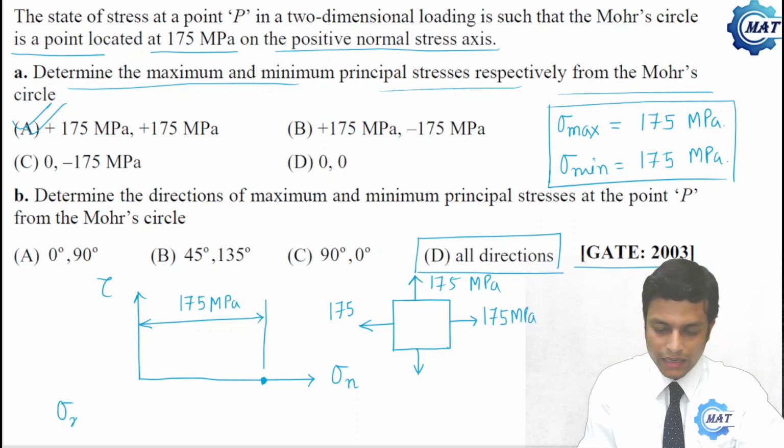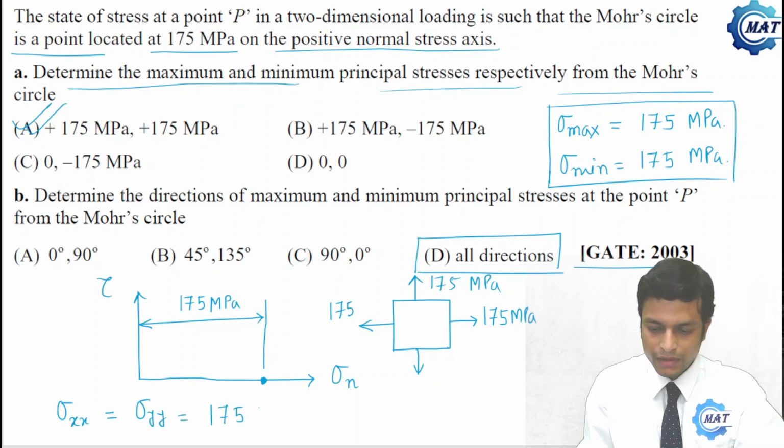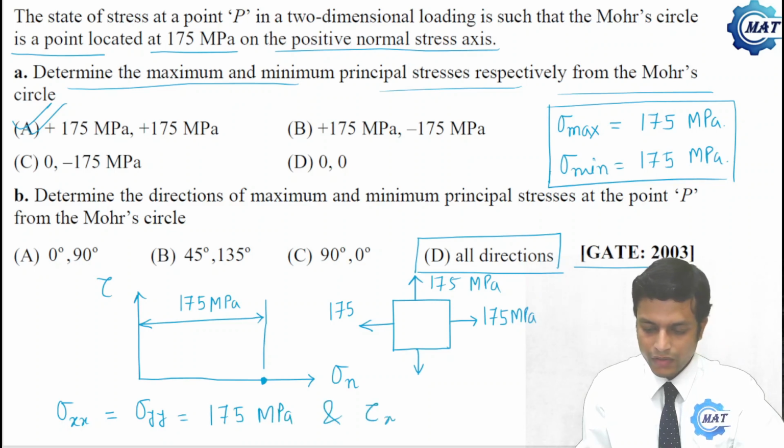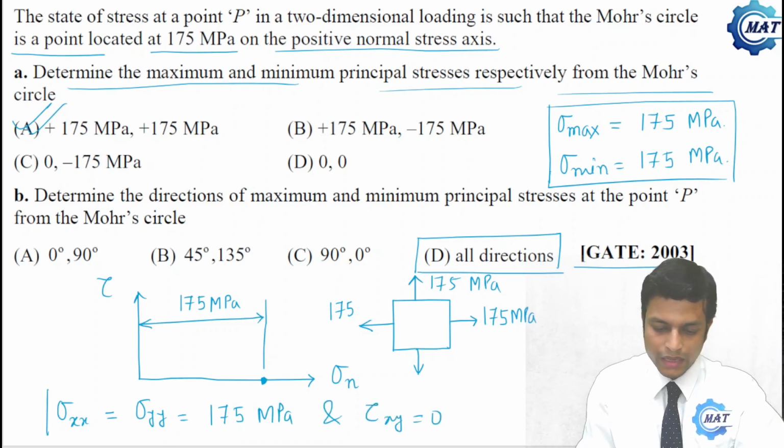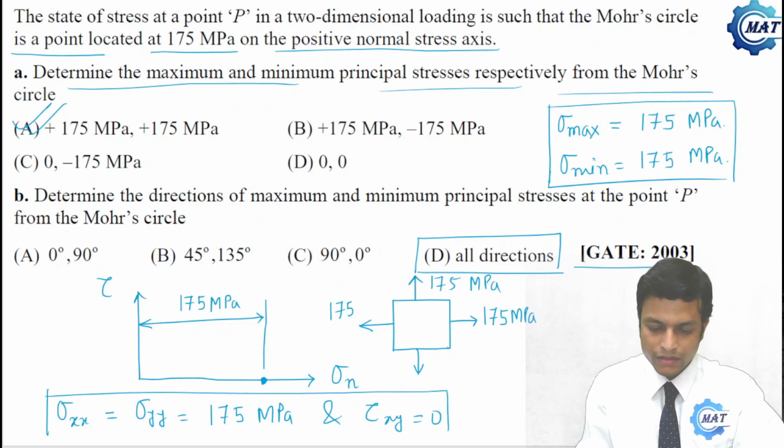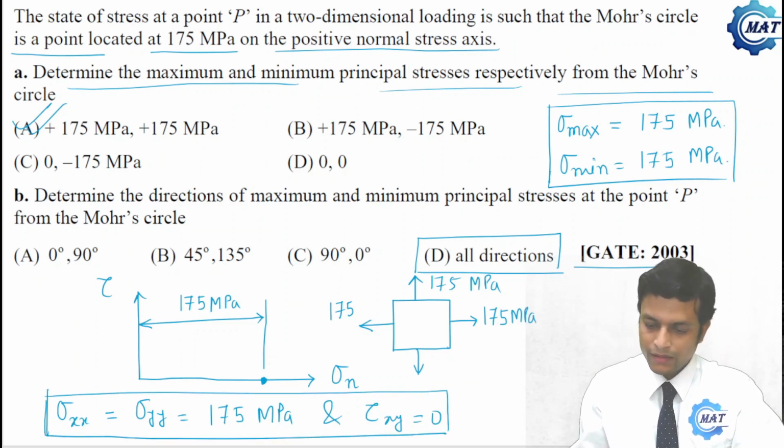So sigma xx equals sigma yy equals 175 MPa and tau xy is 0. Then this stress situation occurs, so principal stresses occur in all directions. Now let us move to the next problem.